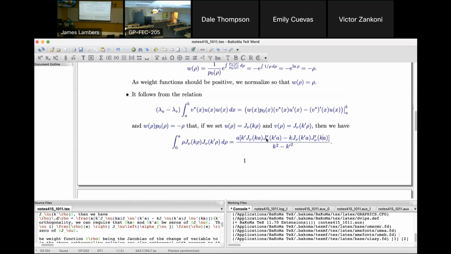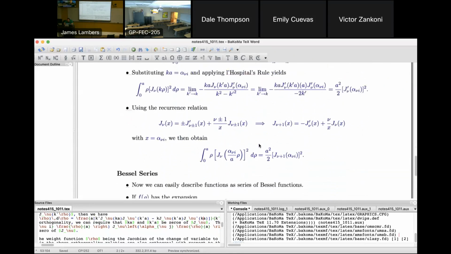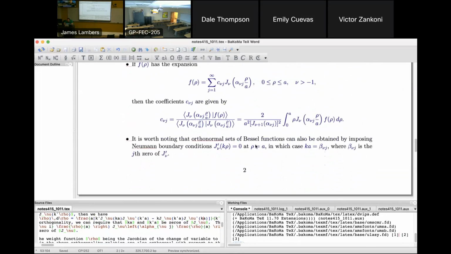But what if you want the derivative to be equal to 0? That's called a Neumann boundary condition. So I could have also imposed a requirement that k a and k prime a were zeros of the derivative. And we also would have gotten orthogonality that way. So a different set of orthogonal functions, and certain details would be different. But the point is we can choose either kind of boundary condition.